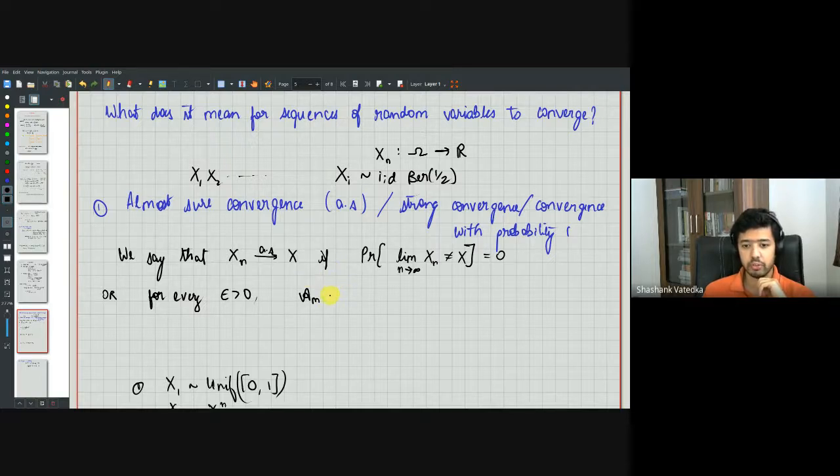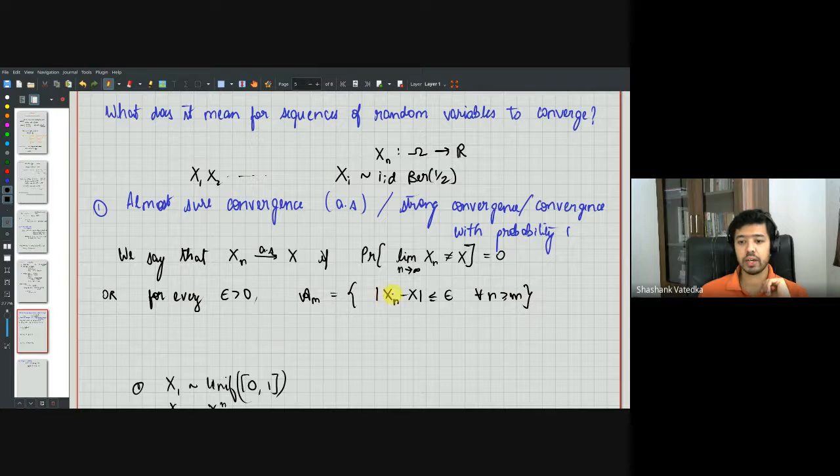So let us define the following quantity Am, which is that |Xn minus X| is less than or equal to epsilon for all n greater than or equal to m. So this Am is an event. The event is that for all n greater than or equal to m, |Xn minus X| is always less than or equal to epsilon.